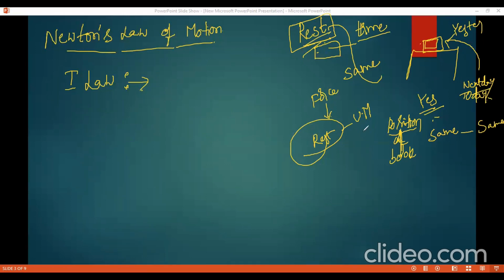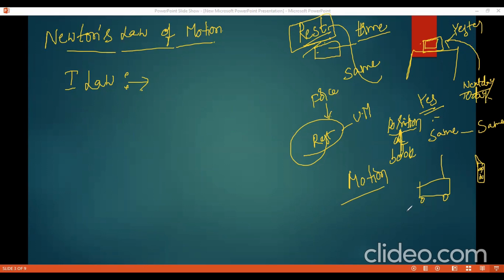Now motion. Take a toy car, a remote car, and you are operating it with the remote.